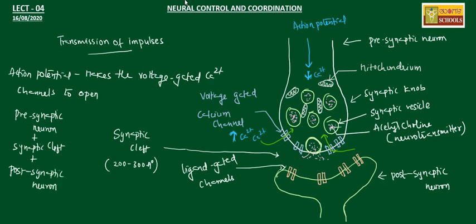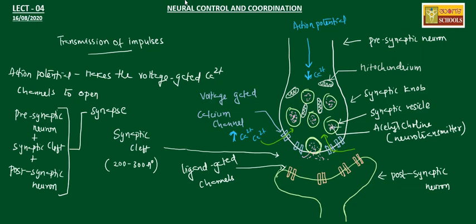You can consider even the membrane, no problem. This is the membrane of the presynaptic neuron, and this is the membrane of the postsynaptic neuron. Now all these three together constitute a synapse.